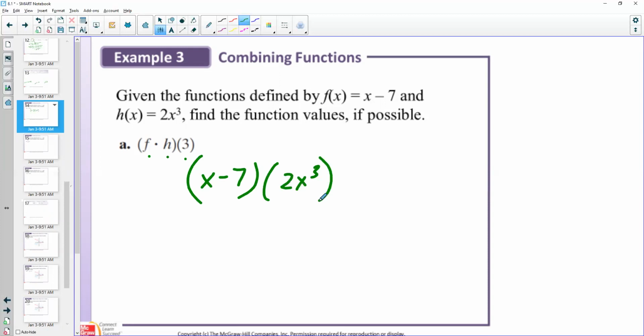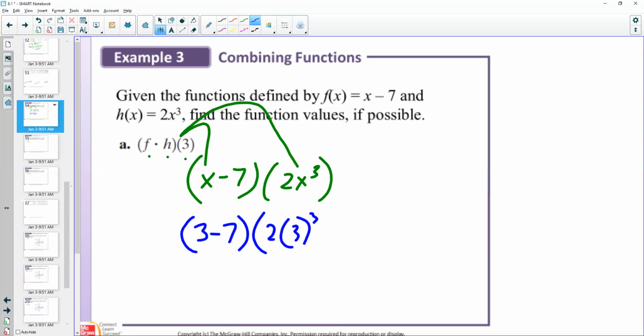Do I really want to go through the process of distributing when I know x is just going to be 3? So I'm going to put 3 in where I see x, and then I'm just going to do the math. I get 3 minus 7 is negative 4 times 2 times 3 cubed. 3 cubed is 27. 27 times 2 is 54. 54 times negative 4 is negative 216.